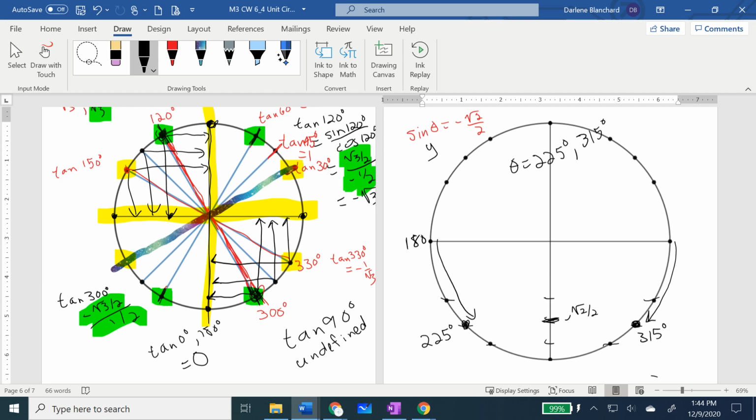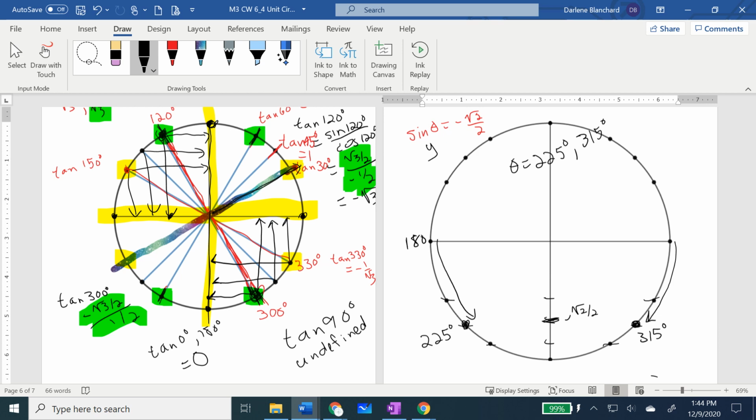But if I want to know all solutions, then I have to look at taking each of these and looking at all of their, what was the word for lands on the same thing? Like 30 degrees is to 360 plus 30.